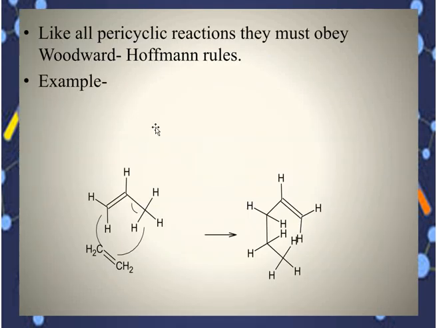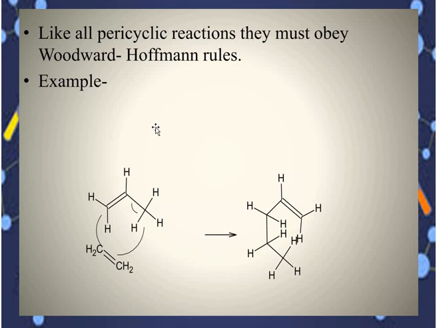So, if you look at this example, like all pericyclic reactions, they must obey the Woodward-Hoffmann rule. And you know the Woodward-Hoffmann rule is an important rule we have to check in every pericyclic reaction.